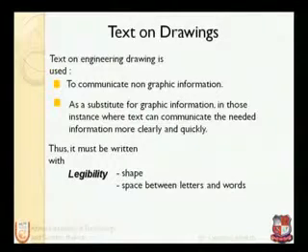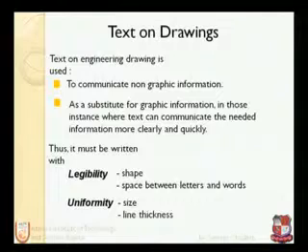Thus, when writing the text, two things need to be considered carefully: legibility, that means the shape and the space between the letters and words, and uniformity, that means the sizes and line thickness. It means that text should be of the same size everywhere in the sheet and the same line thickness as applied.